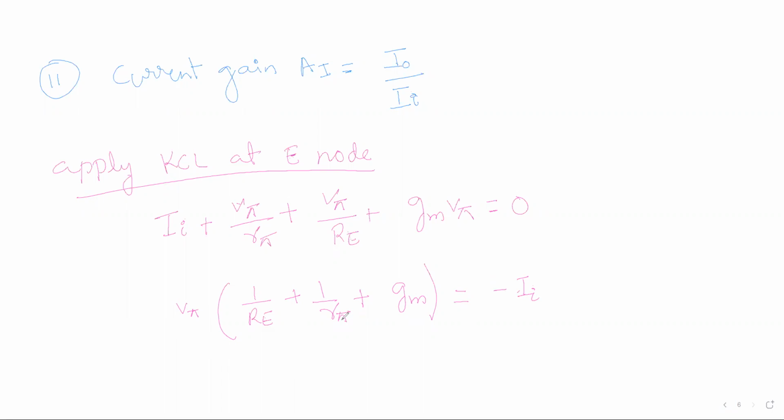The same way we have calculated earlier, again we take V pi common: 1 by Re plus 1 plus beta by R pi is equal to minus of Ii.